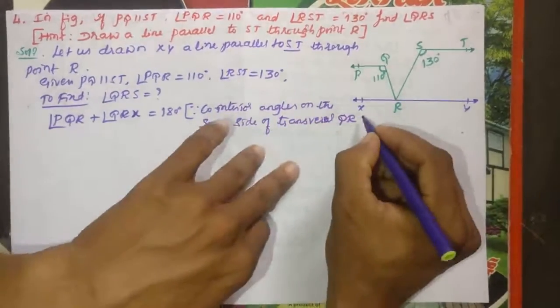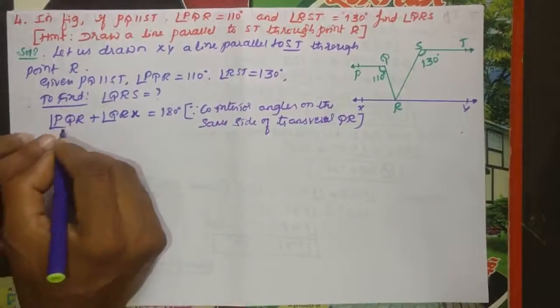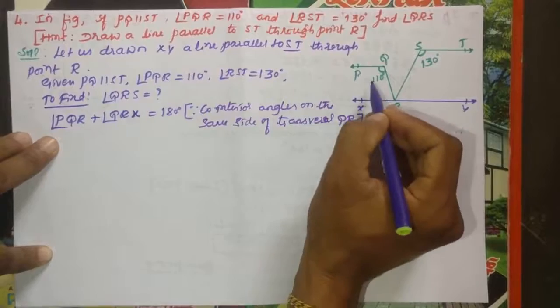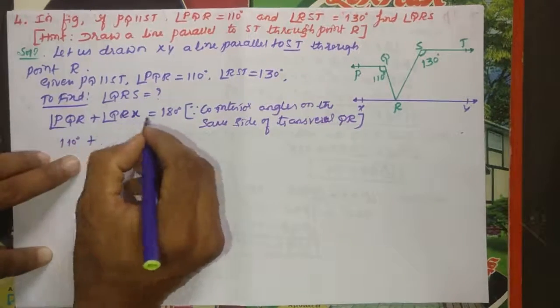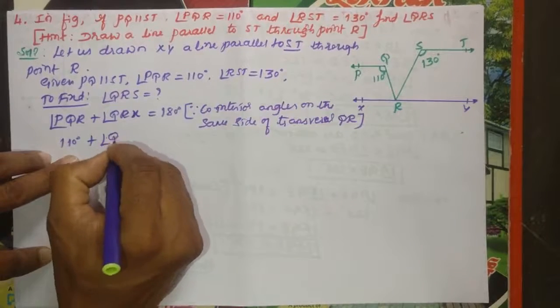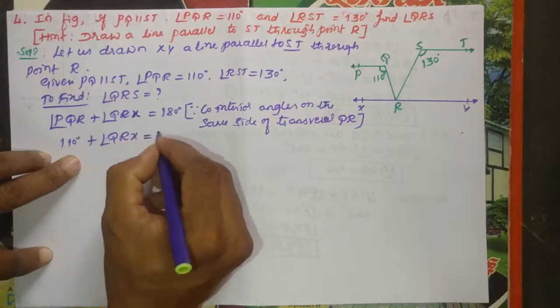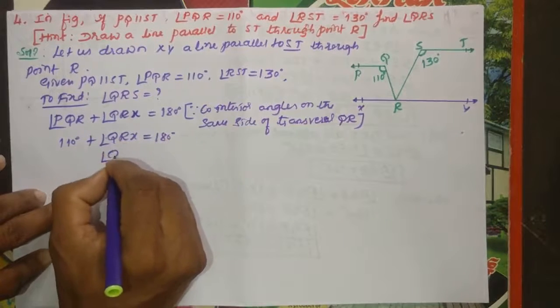Angle PQR is 110 degrees, plus angle QRX is equal to 180 degrees. First we need to find angle QRX.